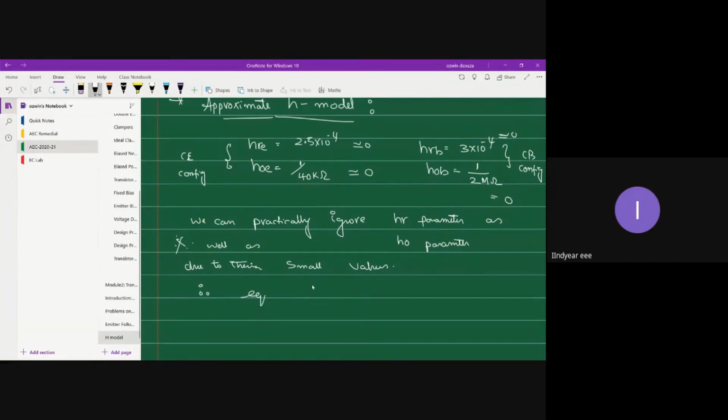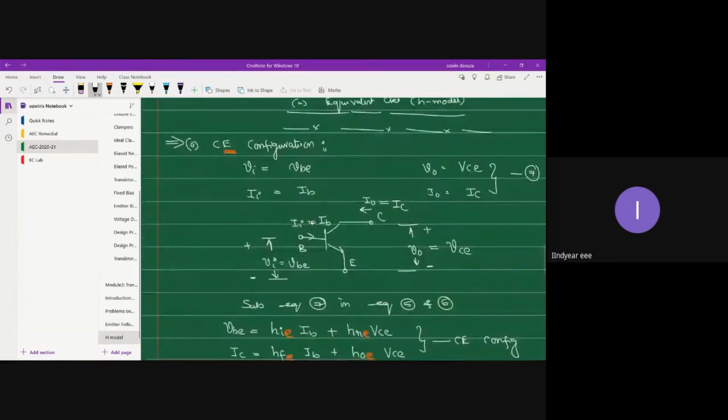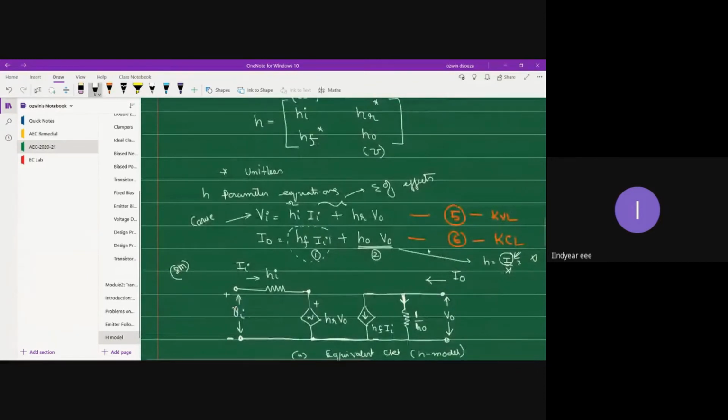Therefore, equations 5 and 6: you are basically neglecting HR, and you are also neglecting HO.